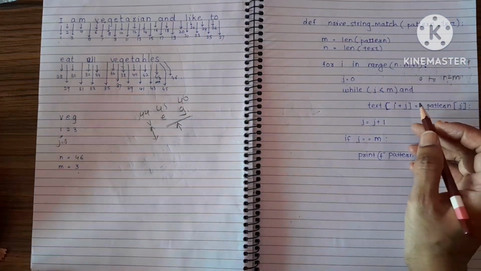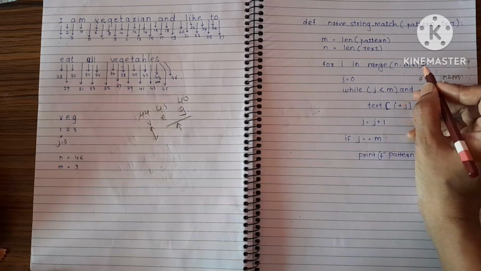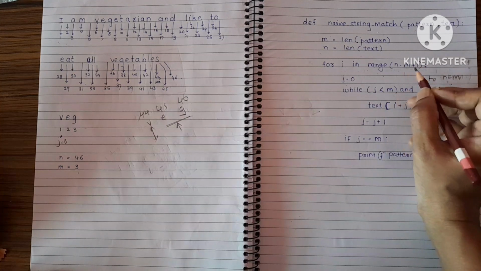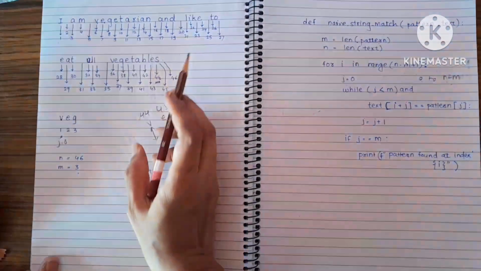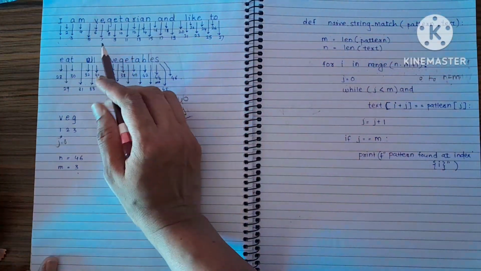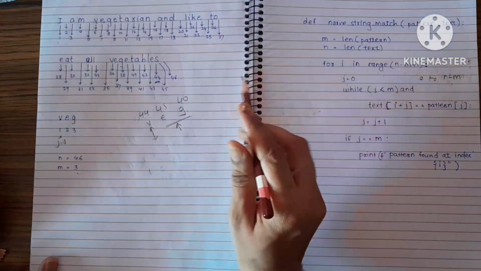Hence we use the for loop with the range 0 to the last text window's starting position, which is n minus m plus 1. Theoretically, we number the text characters from 1, whereas the computer programmatically stores the text from the 0th position.